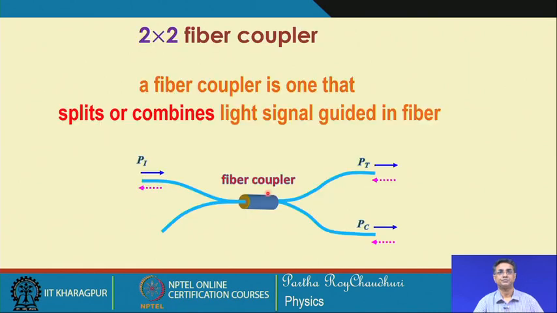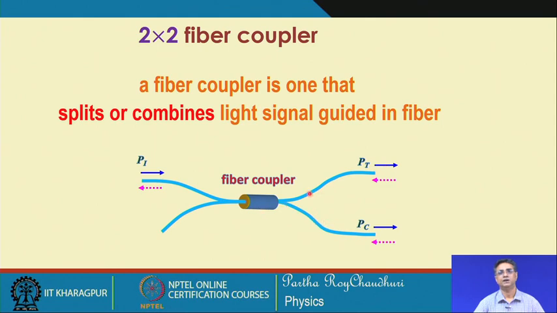So, first let us see what a fiber coupler is. A fiber coupler is one that splits or combines light signals guided in the fiber. Like a beam splitter, if you have an optical beam injected here, this light will be split into two parts: one part will be travelling in this fiber, the other part in this fiber.